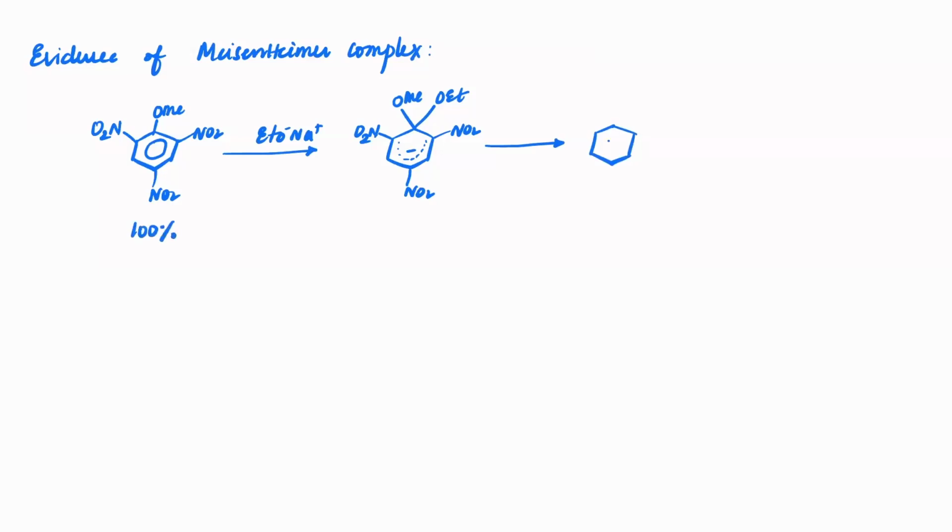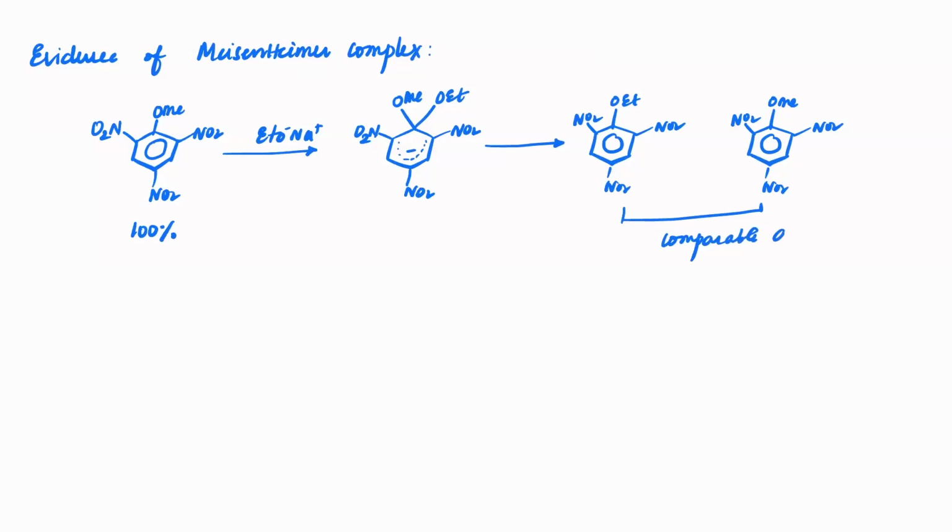Now you would notice that both would be forming in a reasonable amount. So OEt with NO2, NO2 and NO2 on the benzene ring like this is one product, and the other product is with OMe, correct? Both will be in comparable amounts.